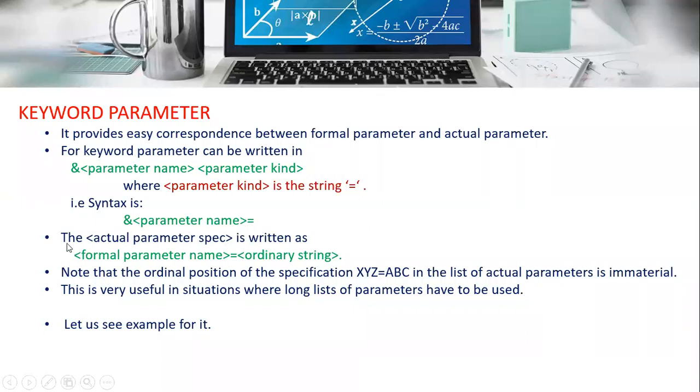Now after that, how we can write the actual parameter specification. This is the keyword parameter, so accordingly we need to consider the actual parameter corresponding to the given keyword parameter. We write the actual parameter according to this format: the formal parameter name, which is used at the time of the macro definition.